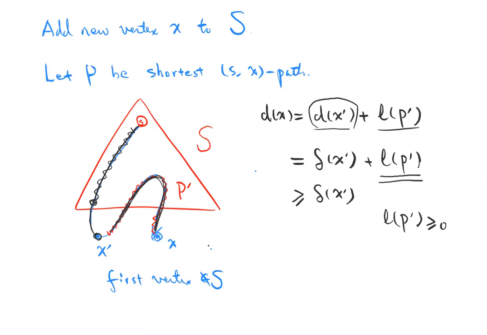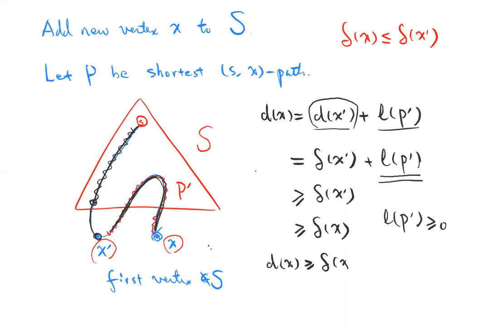Now, why do we choose vertex x instead of x prime when we add the next vertex? It is because delta x is no greater than delta x prime. We choose the vertex with minimum delta. So that means delta x prime is at least delta of x. That gives us the relation that d of x is at least delta of x.